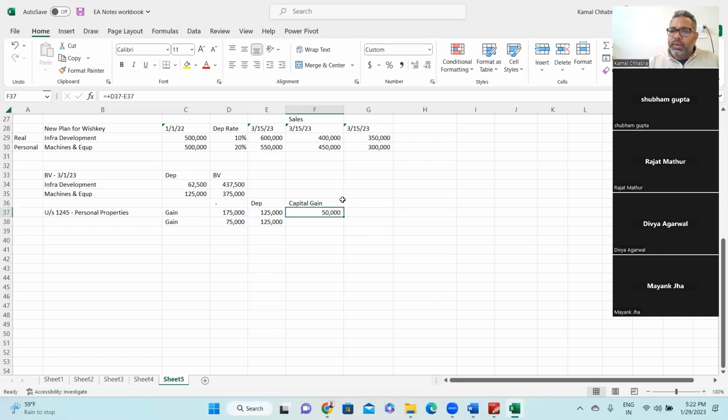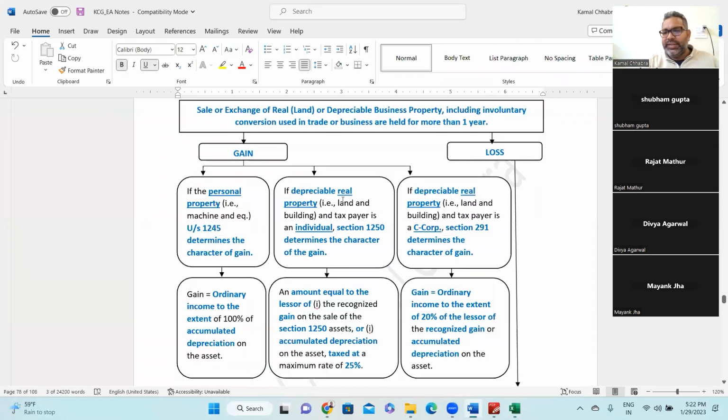This should go to your capital gain, and ordinary income should be this. The ordinary loss we'll discuss separately. As of now, we are looking at the gain side. The left-hand side, all three boxes, are the gain side. We'll be discussing the loss side also.